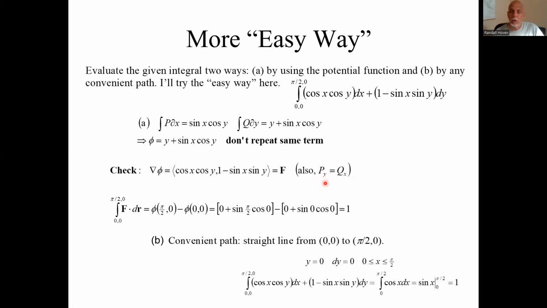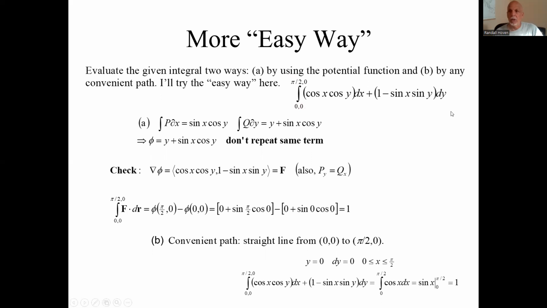The partial of P with respect to y equals the partial of Q with respect to x. Let's see, should I go through this? Part B was to also do it the normal way and use whatever path you want. Well, the easy path, I think, is to just cut a straight line that goes between these two points. And let's see, that would be y just stays at 0 the whole way.